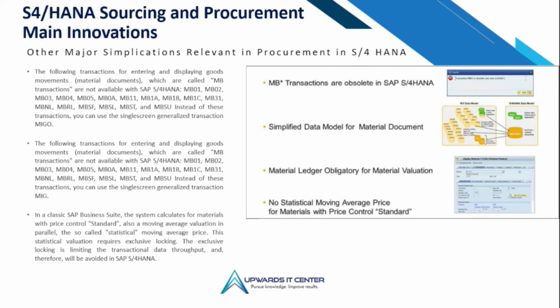This exclusive locking limits the transactional data throughput and therefore will be avoided in SAP S/4HANA. If you are using this statistical moving average price field for materials, you need to adapt so as not to use it anymore for standard price control in your S/4HANA system.